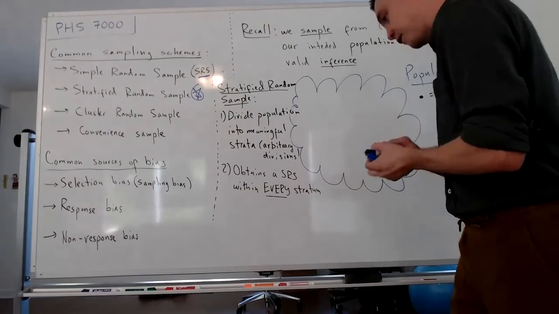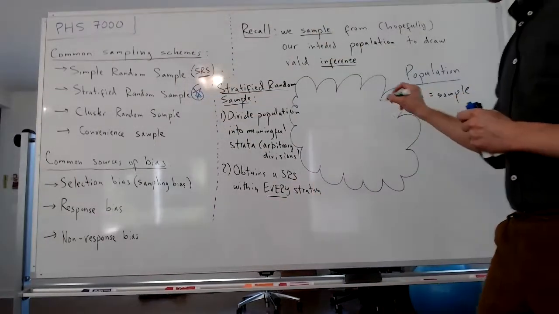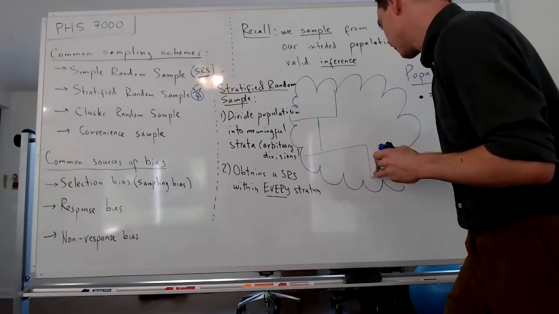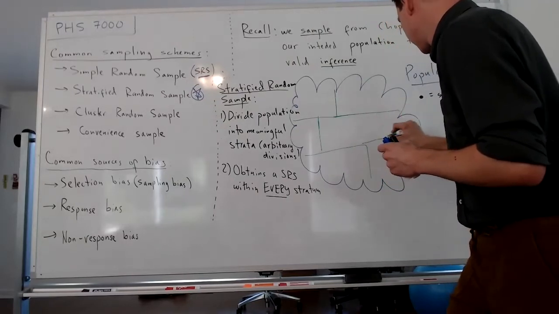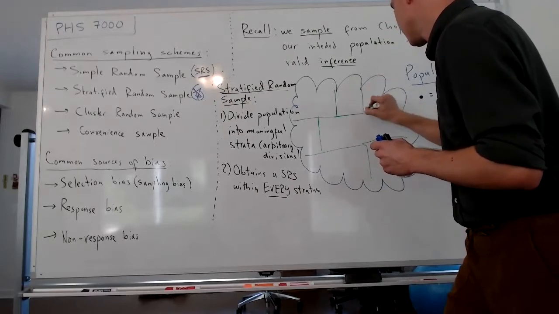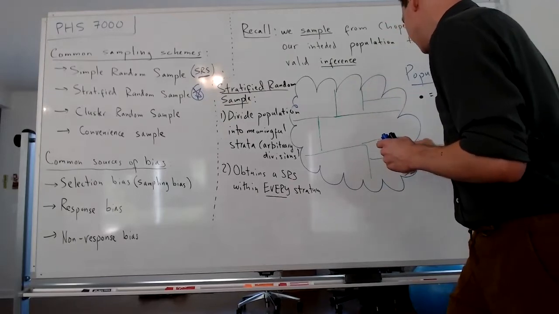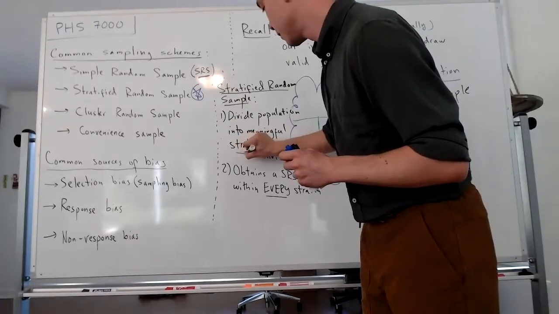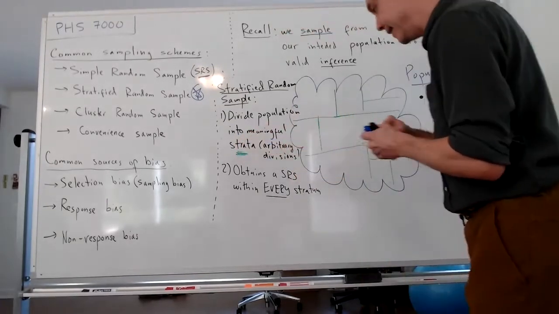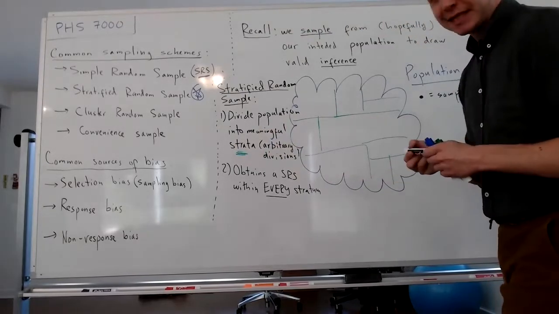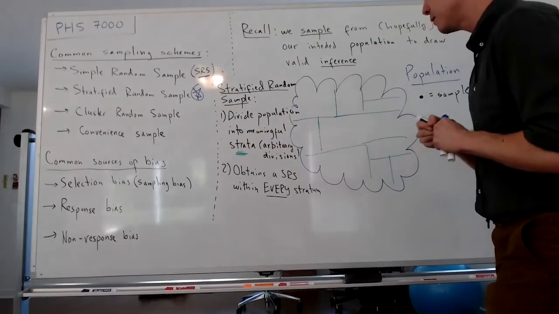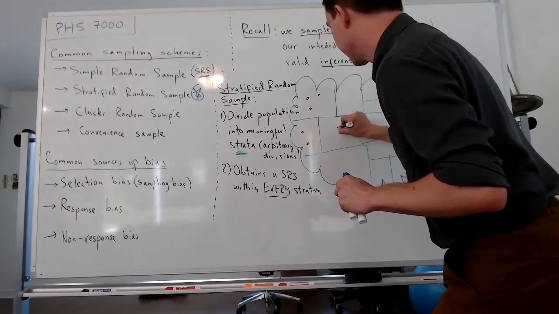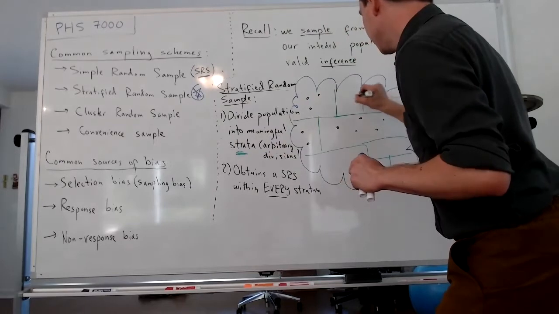So here I'm going to divide it into my strata. Okay, here are my strata. And now I'm going to produce a simple random sample inside of each strata.